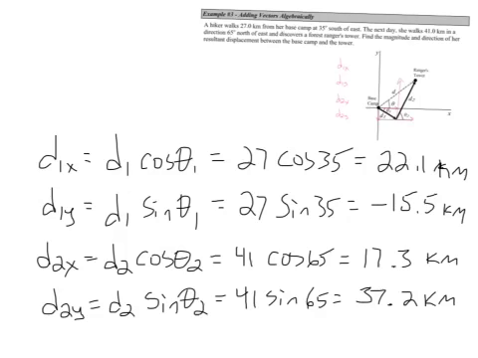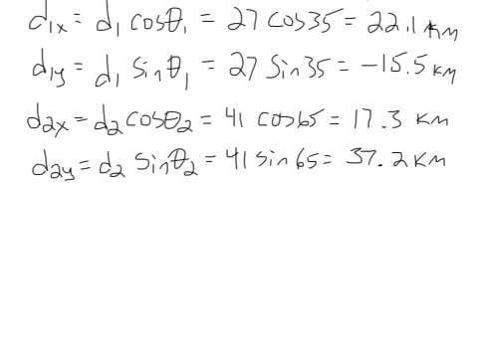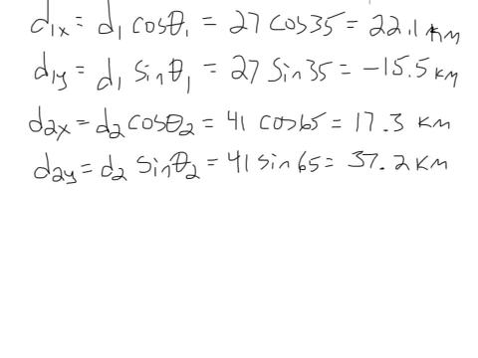Now let's take a look at what we have here, and we're going to draw this out. We've got D1x at 22.1 kilometers. We've also got, in the x direction, D2x at 17.3 kilometers, so we draw it slightly shorter.